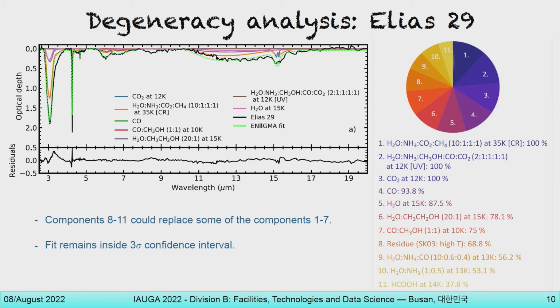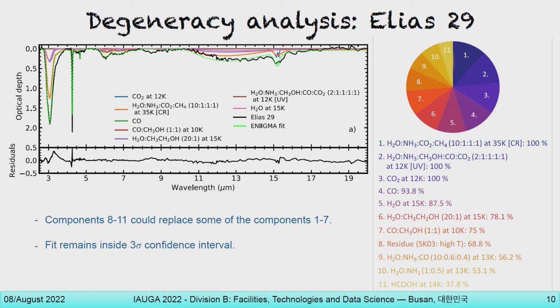Another step that you can perform is this recurrence plot. Here we can, for example, see how frequent one of the components is in the fit. If you look at the first one, this component is present in all tentative solutions found by the code. So this means that this component is really necessary for the fit.